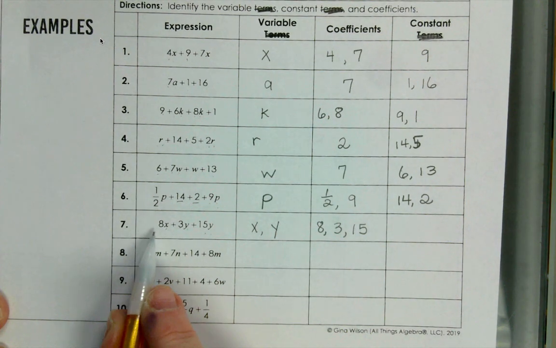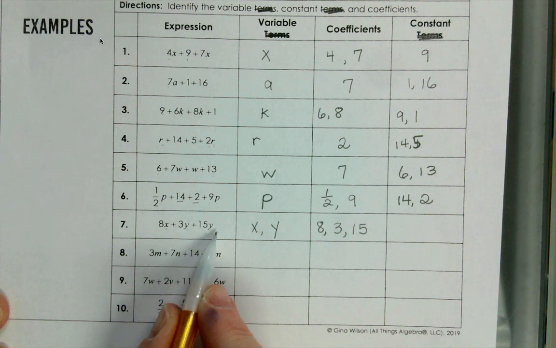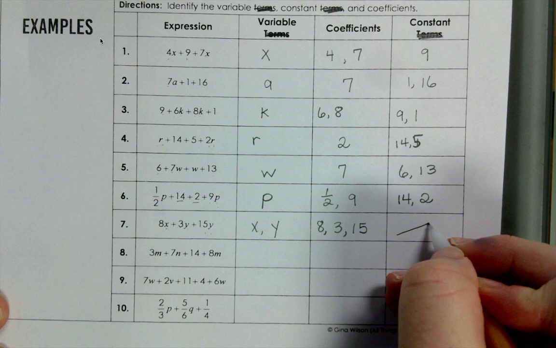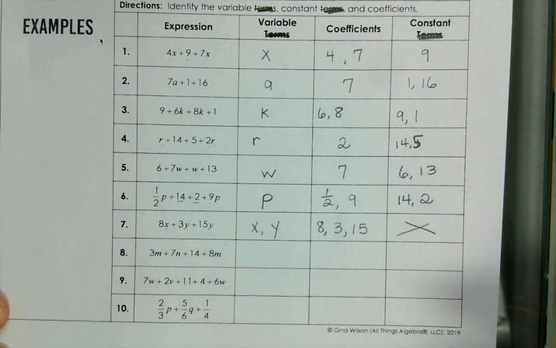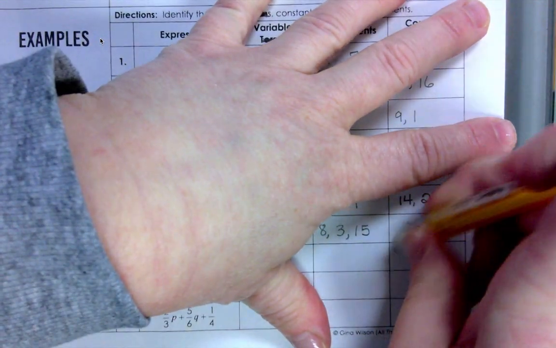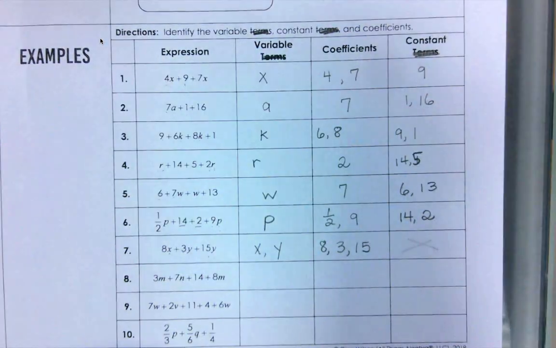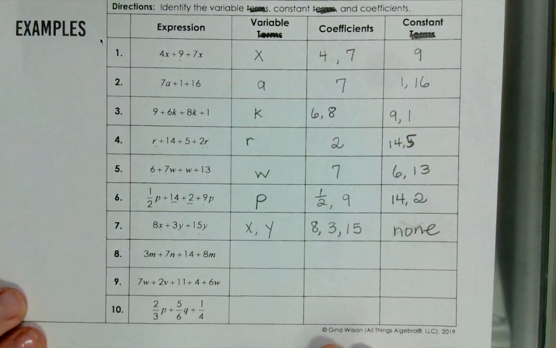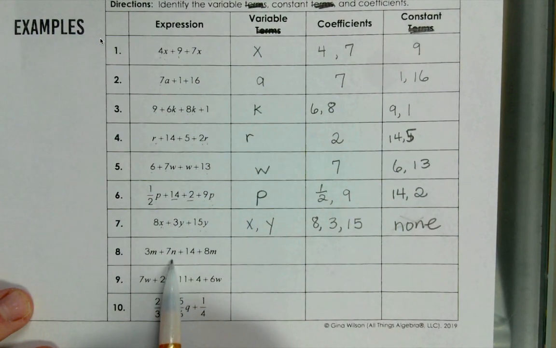But as you can see, I have no constants. I have no integers all alone, and that's okay. So you can just put an x through it. You don't have any. Okay. No, we're not going to put an x because we're using x as a variable. We're going to say none. Okay.